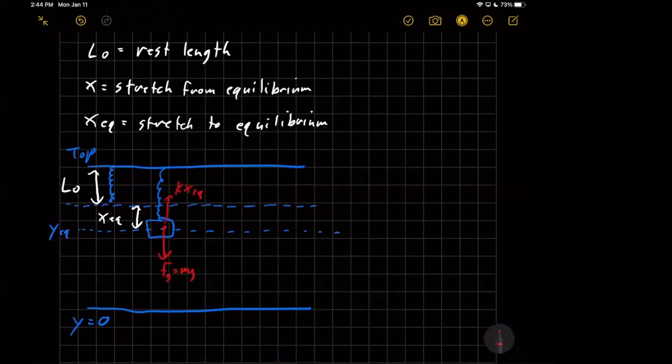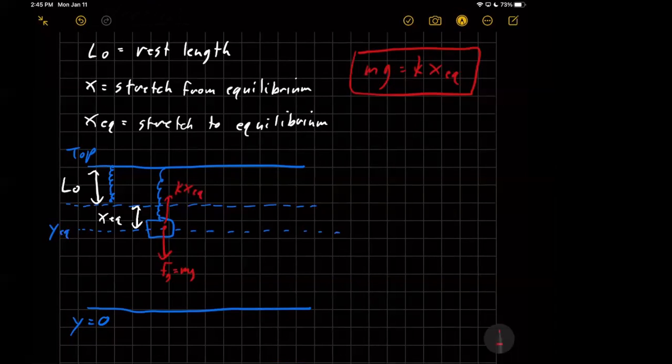So when you're doing problems where you're trying to figure out where equilibrium will be, you can say that mg is equal to k times xeq. That equation would allow you to solve for k if you knew what the mass was and how far it stretched, or if you knew the mass and you knew k, then you could solve for how far it would stretch. So one of those things would be unknown.